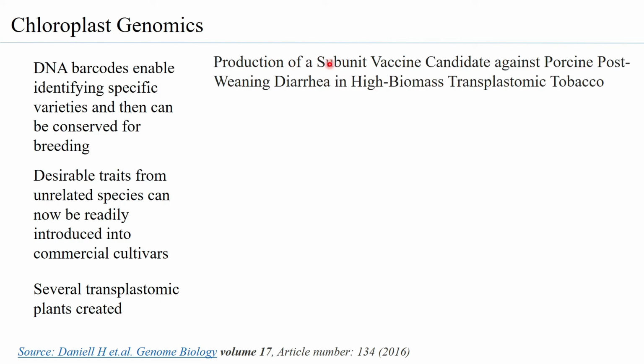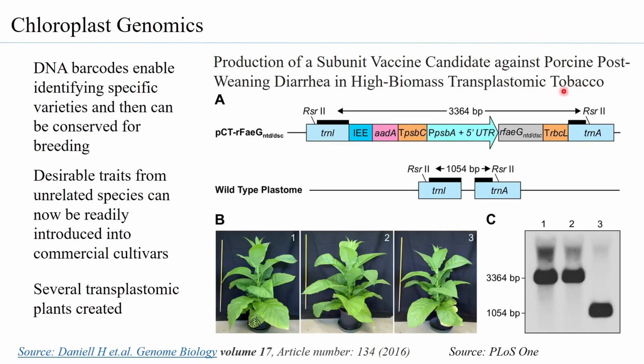We are taking only one example, but you can find many examples. For example, production of a subunit vaccine candidate against porcine post-weaning diarrhea in high biomass transplastomic tobacco. That means a tobacco has been created by inserting a gene in the chloroplast DNA. This you can see is a plasmid that has been constructed in such a way that it can integrate into the chloroplast DNA.